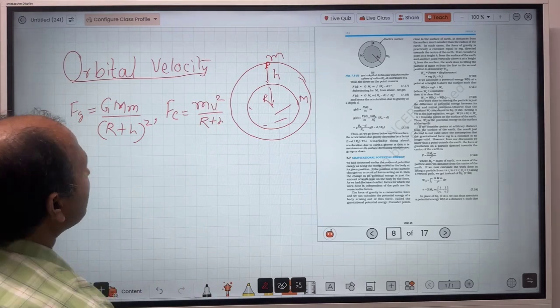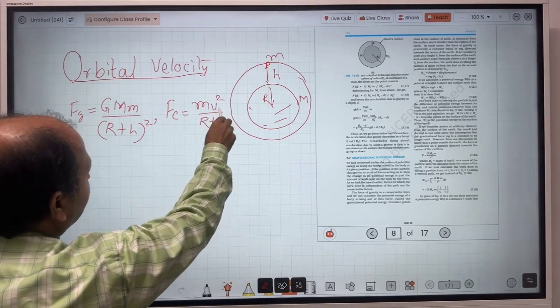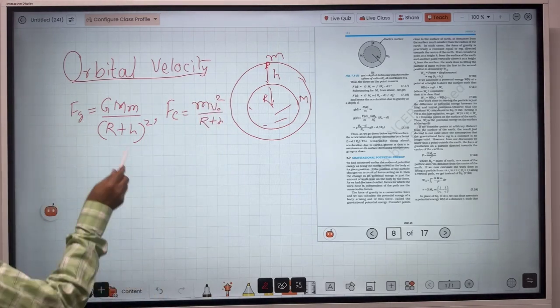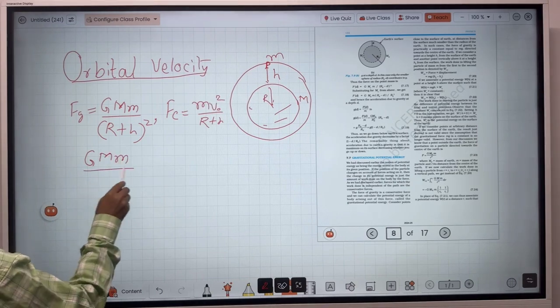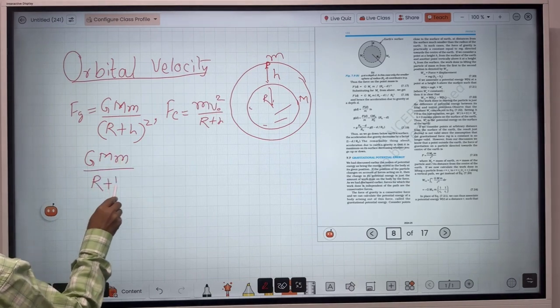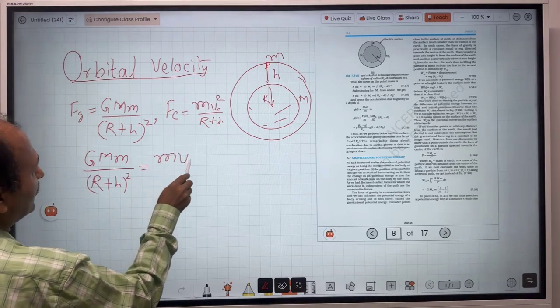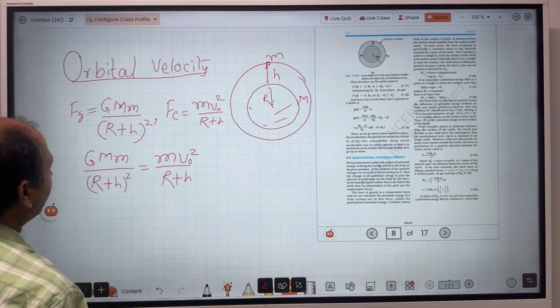The two forces must be the same, and in place of v we can write v orbital. If we equate the two forces, GMm divided by (R plus h) whole square is equal to m v0 square divided by R plus h, right?